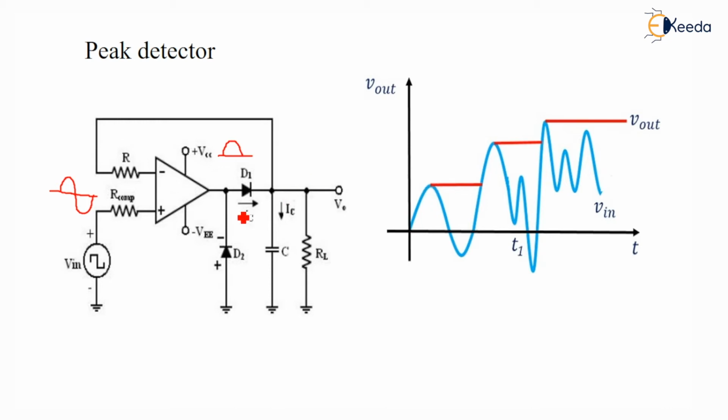As I said, this operation is divided into two modes, track mode and hold mode. During the track mode, the capacitor will get charged up to the positive peak. You can see over here, this is the track mode. During this track mode, the capacitor will get charged up to the peak value.